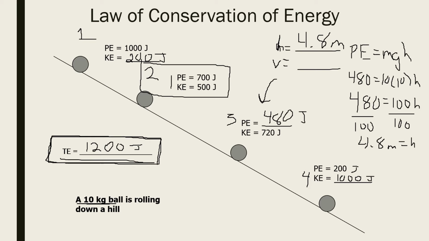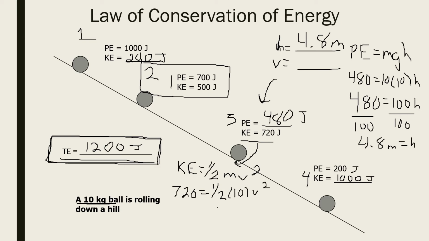Well, how are we going to solve for the velocity? Well, height is determined with potential energy. Velocity is determined with kinetic energy. So check this out. KE equals 1/2 mv squared. KE is 720, 1/2, 10 v squared. Check this out. Half of 10 is 5.